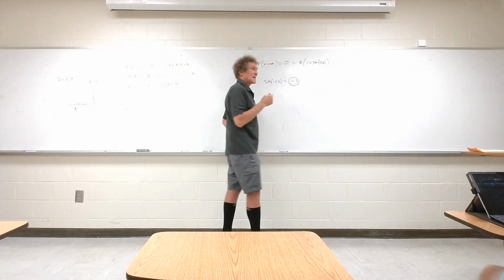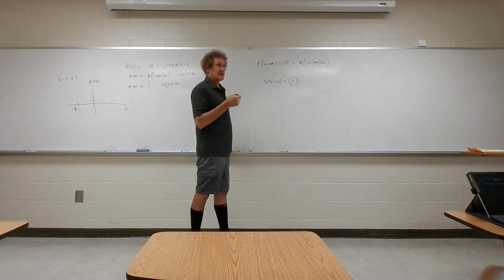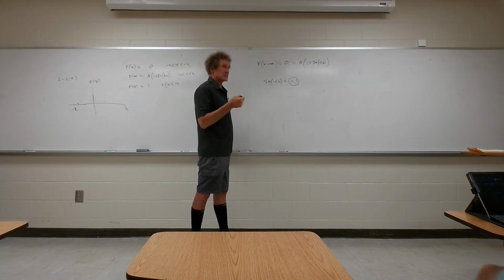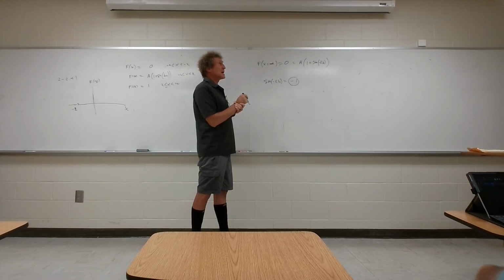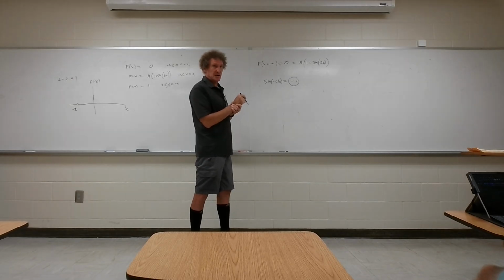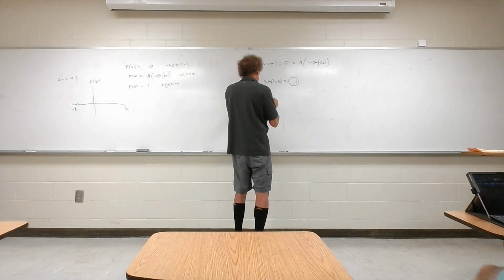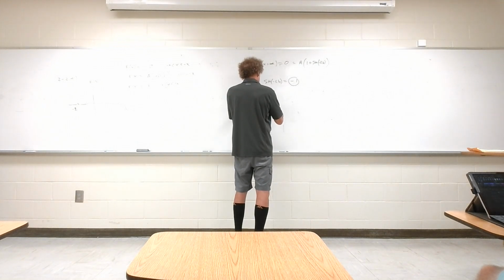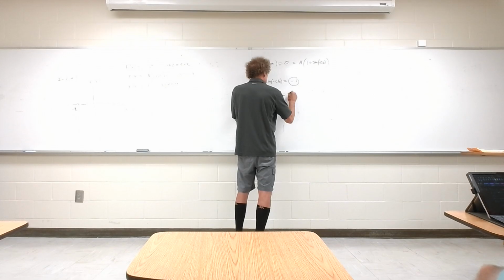All right, now, after that, sine of theta is 1 at theta equals pi over 2, and the sine of minus pi over 2 is minus 1. Do you agree with that, everybody? I'm going to write it down. So the sine of minus pi over 2 equals minus 1.